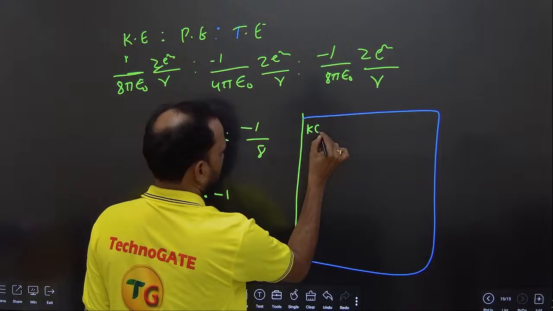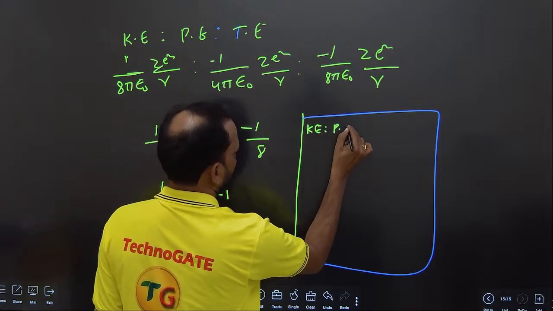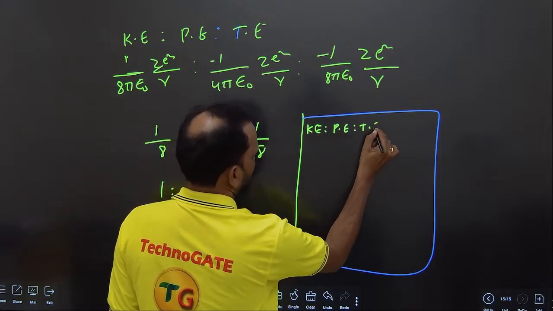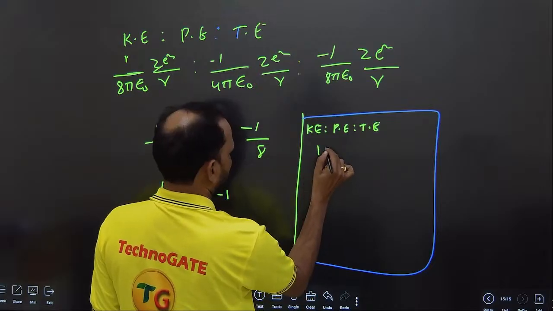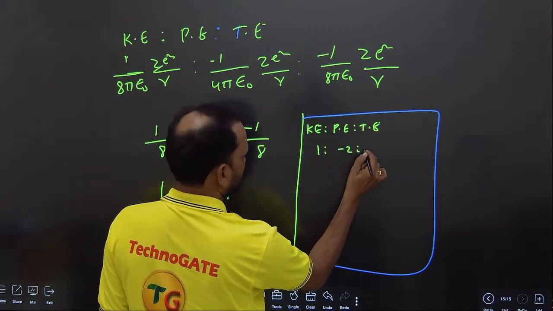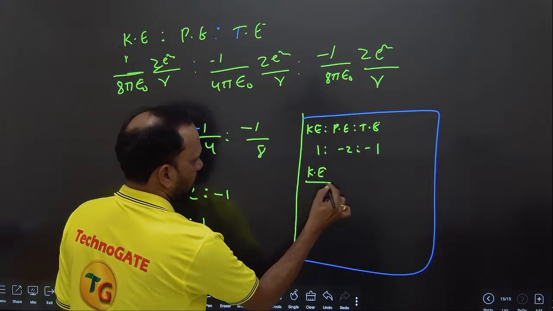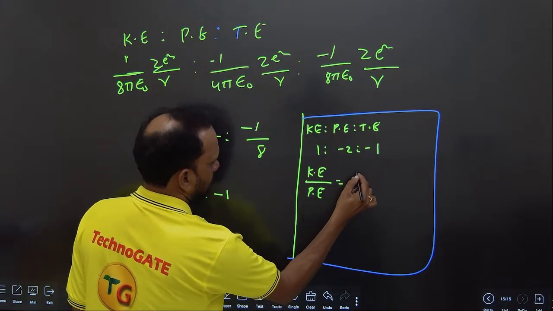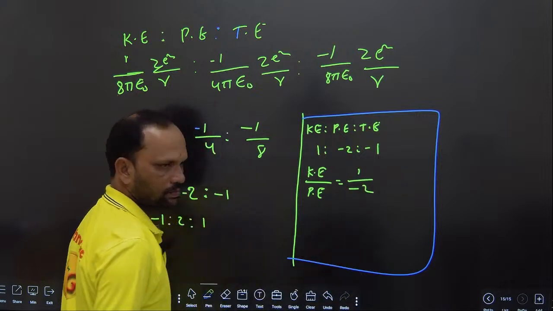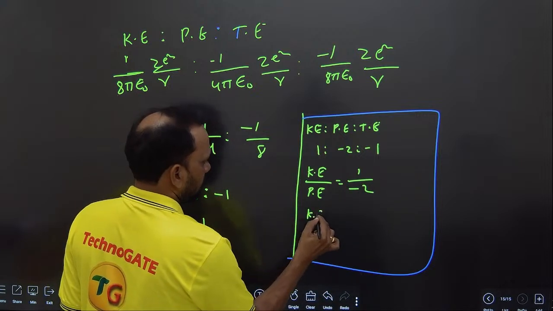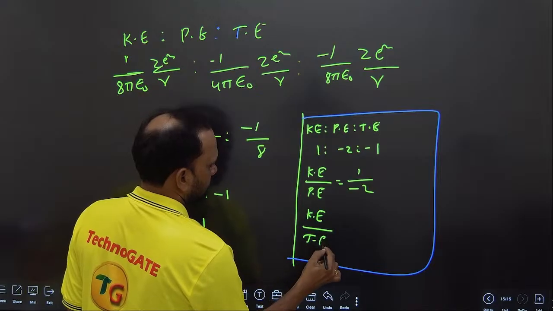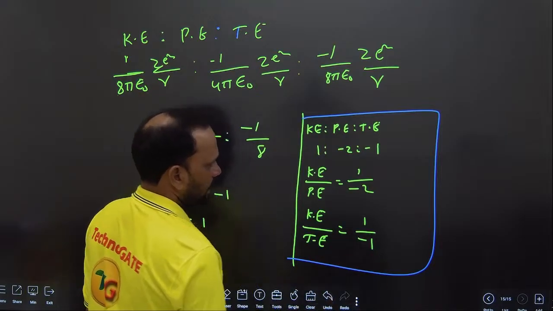The ratio of kinetic energy to potential energy to total energy is 1 is to minus 2 is to minus 1. The ratio of kinetic energy to potential energy is 1 by minus 2. The ratio of kinetic energy to total energy is 1 is to minus 1.